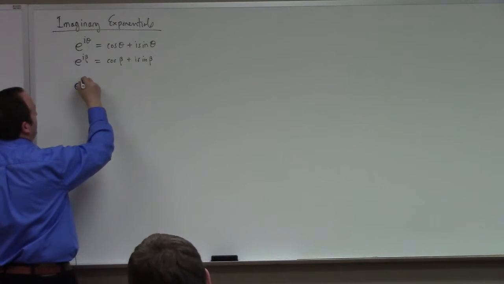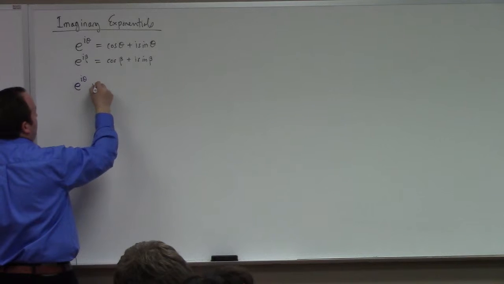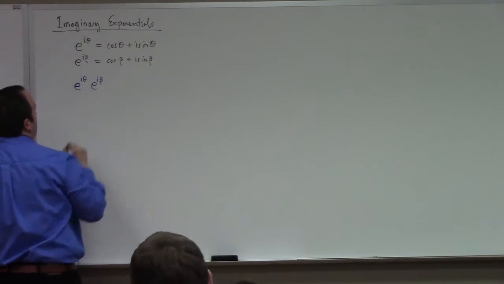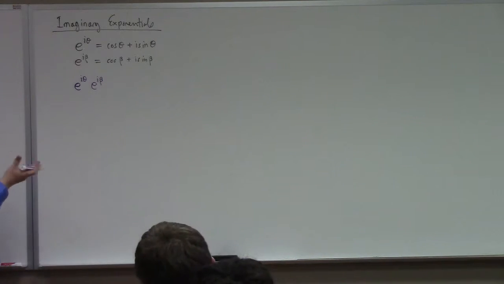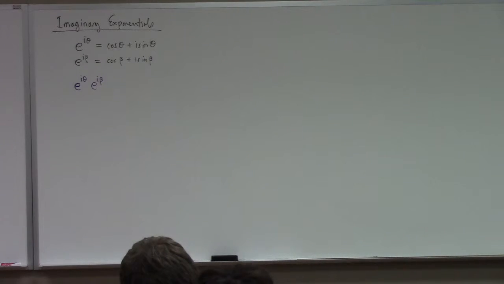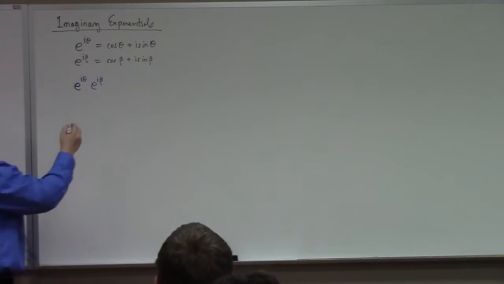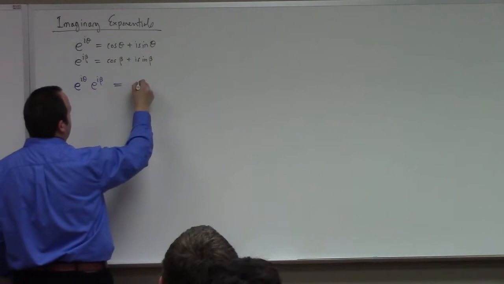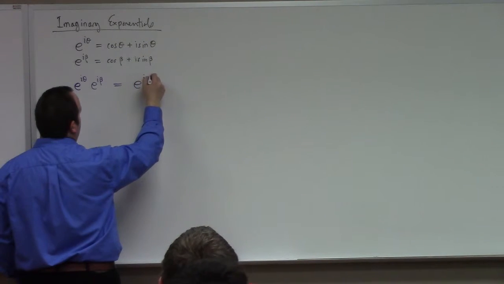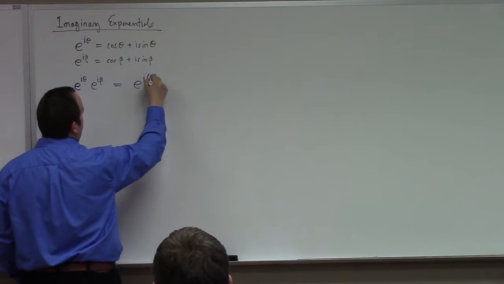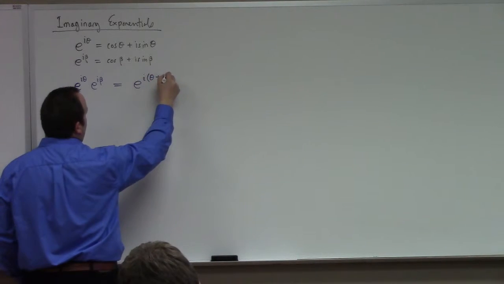Check this out. So if I have e to the i theta times e to the i beta, right? You guys know what has to happen here. This must be what? Yeah. Theta plus beta, right? But I factored out the i.